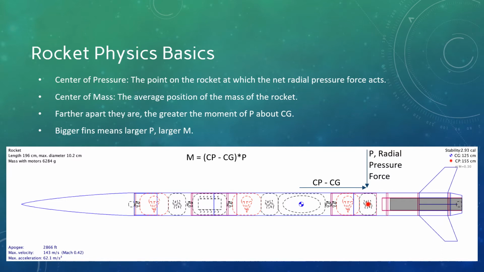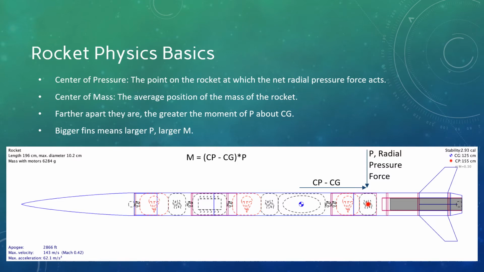And the farther apart the center of mass is from the center of pressure, the greater the moment, or maybe you prefer to think of it as torque. It's essentially the same thing. But the greater the moment or the torque about that center of mass, because you essentially have a longer lever arm about that fulcrum that is the center of mass.